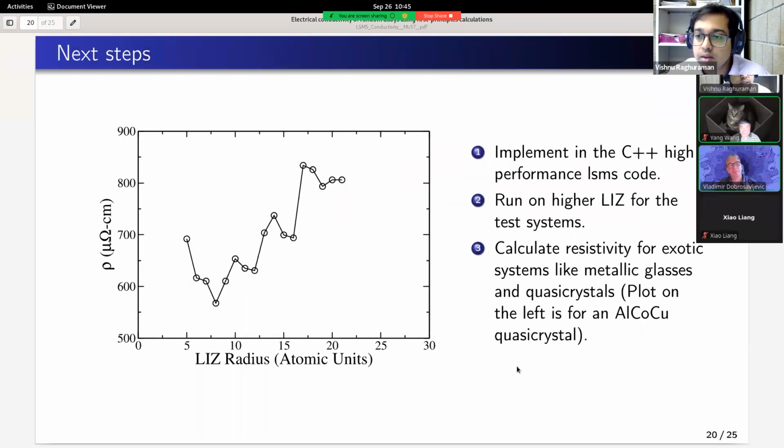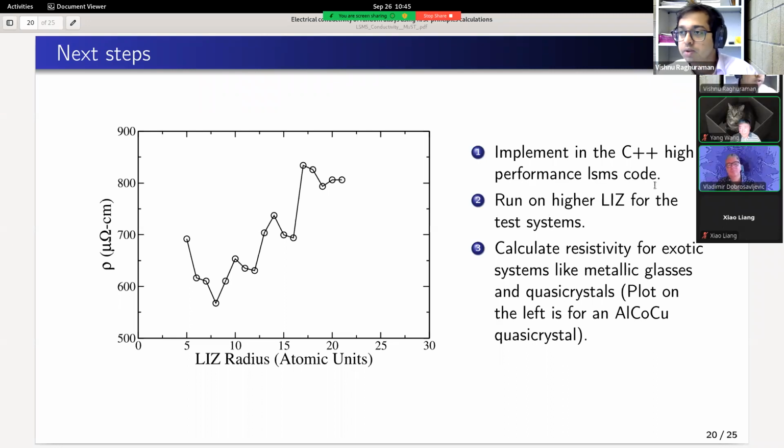So the next steps, what I'm currently working on: Marcus Eisenbach has a C++ high performance code for LSMS, and I've implemented this method in Fortran and C++, and I'm working on making it faster so it can run on Summit and produce results at very high LIZ.